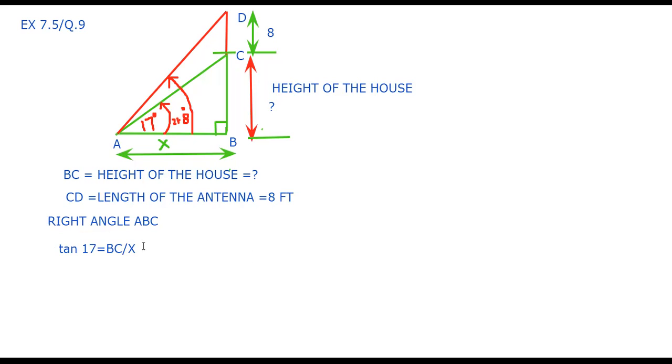If we just simplify it, because we need to find BC only, one more thing is required in this part. If we just label BC as some height Y, so that we can make it a little bit shorter, then in the next step we write tan of 17 degrees equals Y by X, and tan 17 is equal to its numerical value.